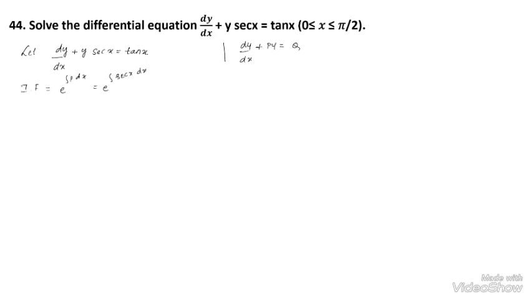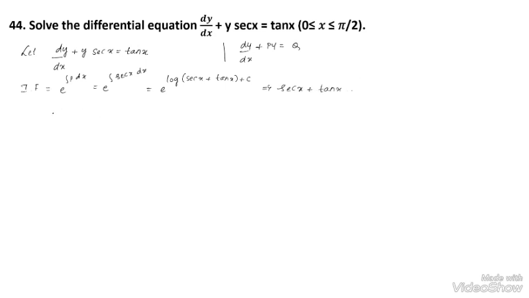Integration of sec x dx is log of sec x plus tan x plus some constant c. Now e to the power log of sec x plus tan x will be sec x plus tan x.